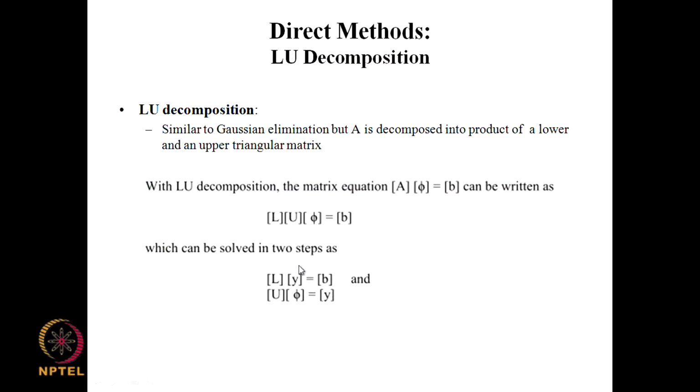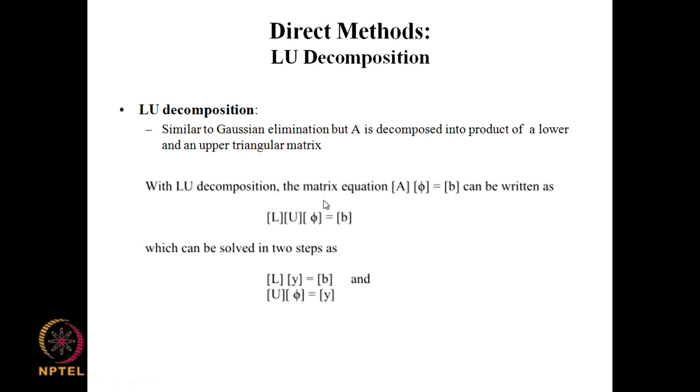So, the solution of this requires n square arithmetic operations, and this requires n square arithmetic operations. So, it is of the order of twice the number of operations of a back substitution process that is required, which is much less than the n cube by 3 mathematical operations that are required for the Gaussian elimination process. Okay.